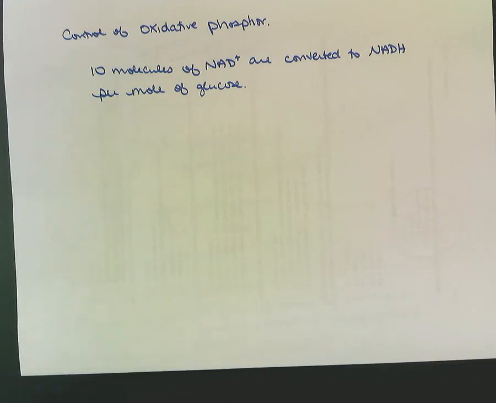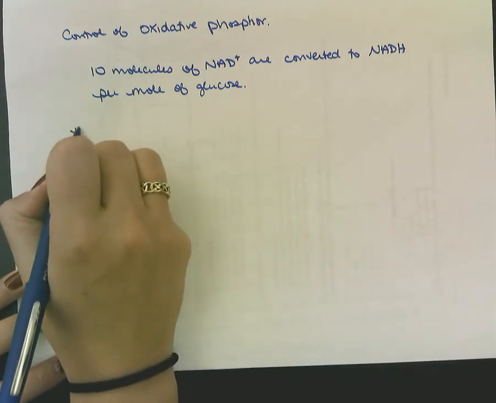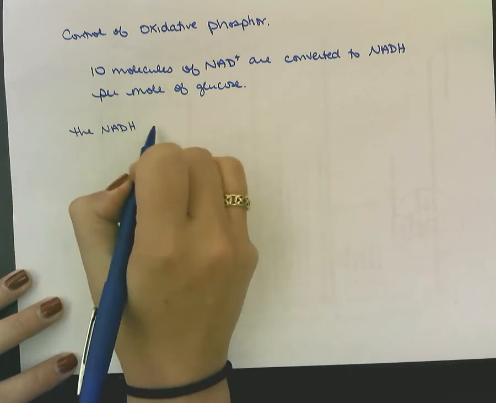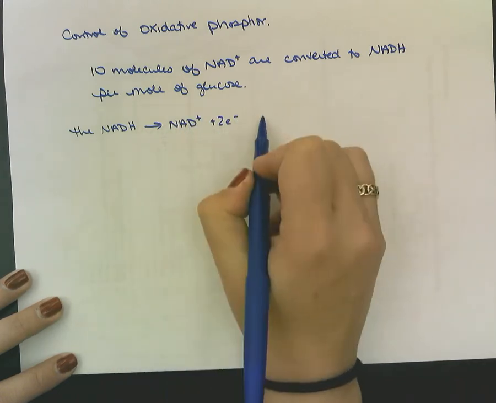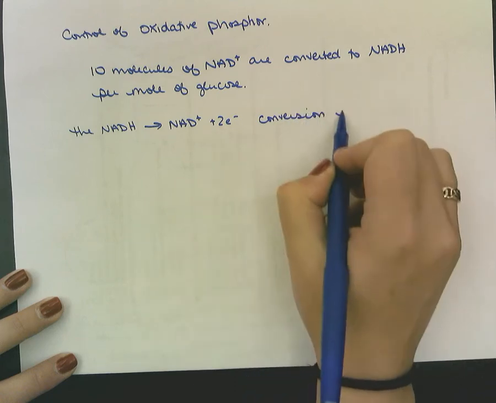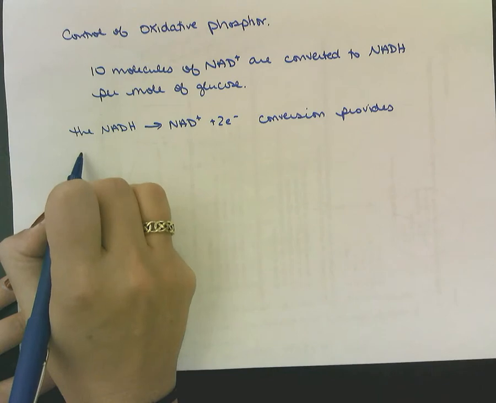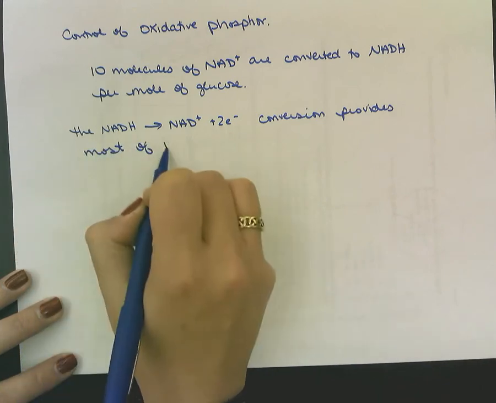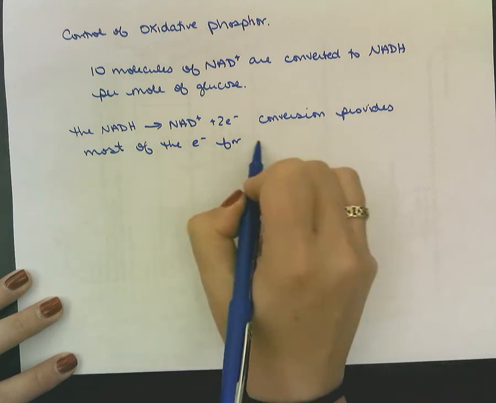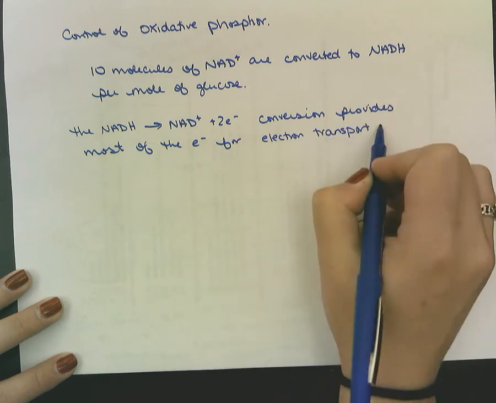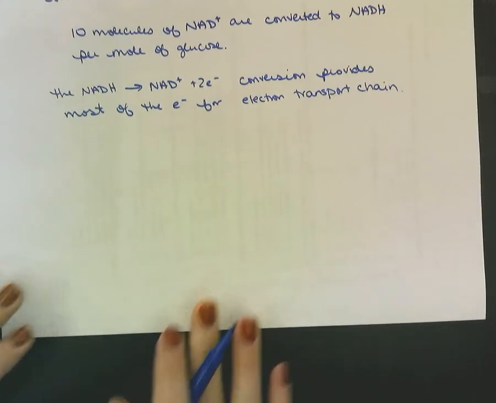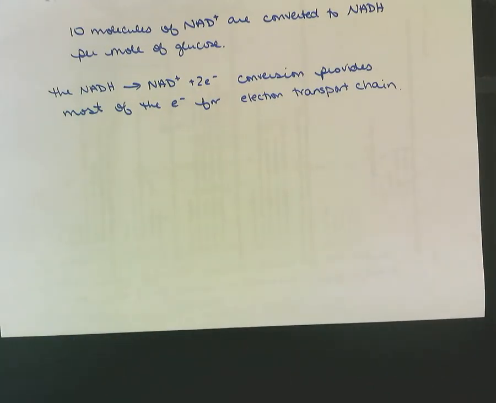The NADH are not sent through, the electrons stored by the NADH are. So returning the NADH back to NAD+ releases those electrons, and those electrons can then travel through the electron transport chain to pump protons to provide energy to make the ATP.